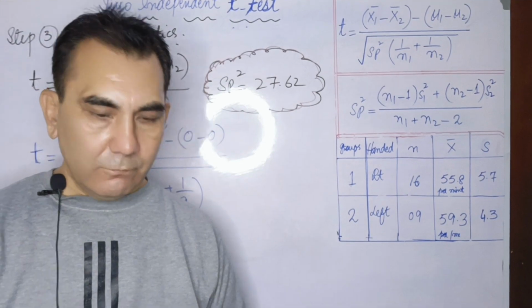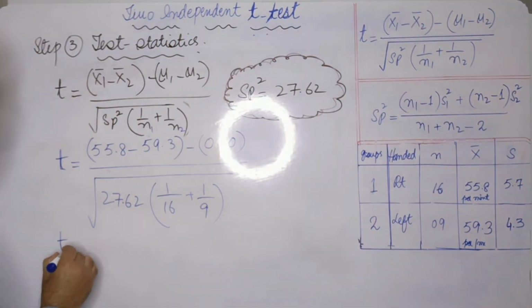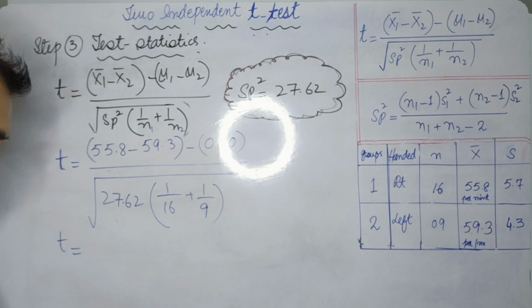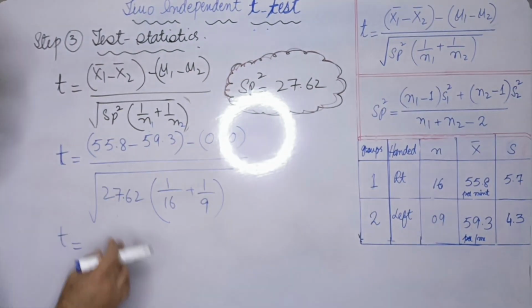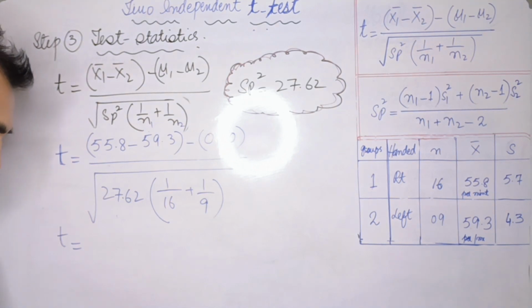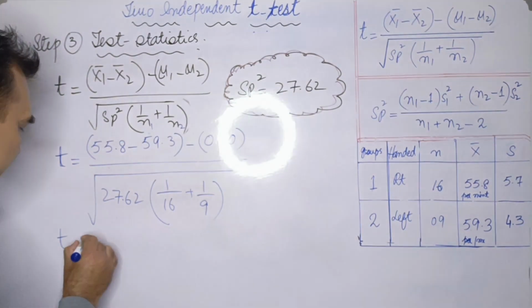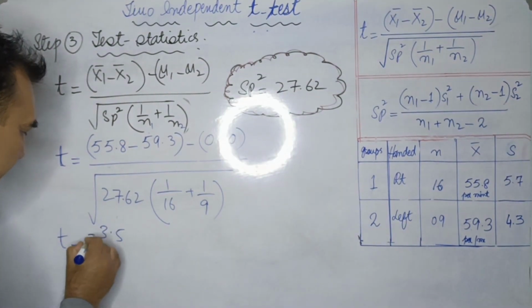First of all we will do the subtraction: 55.8 minus 59.3 comes up with minus 3.5.